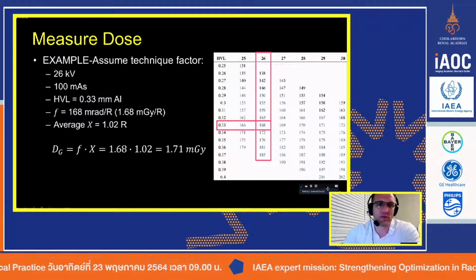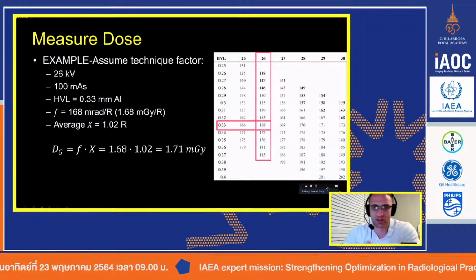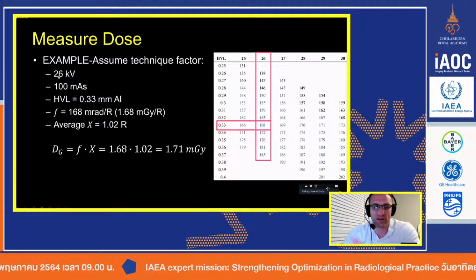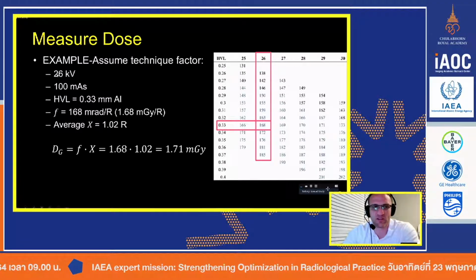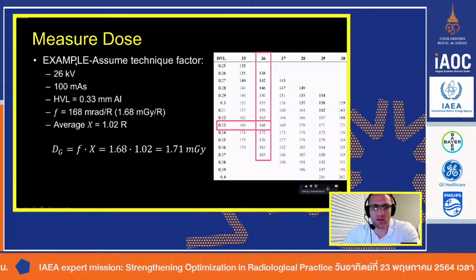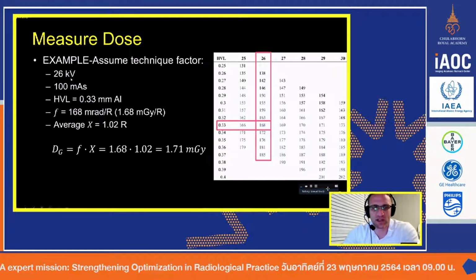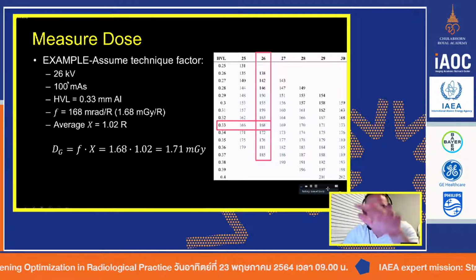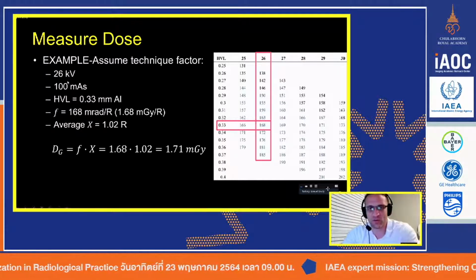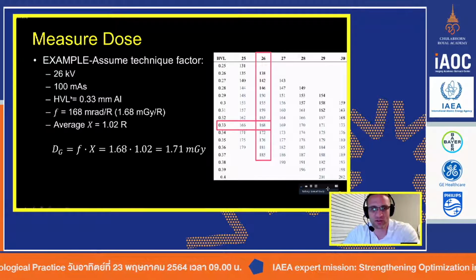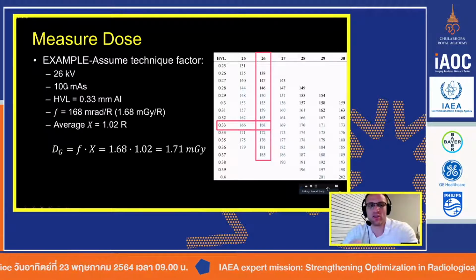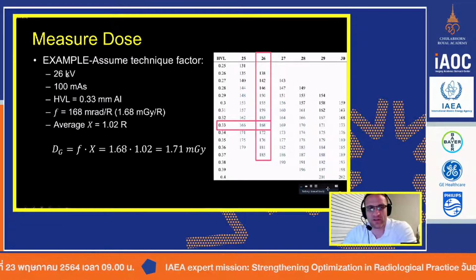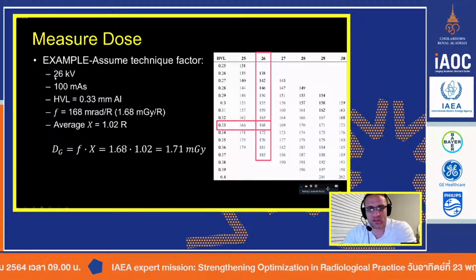Here's an example. We'll do a simple example to show you how to do the calculation. If you have a protocol that uses a kV of 26 and your AEC would drive the system to produce 100 mAs, you would need to know what the half value layer is for your 26 kV exposure.